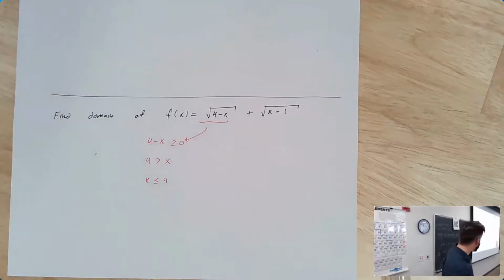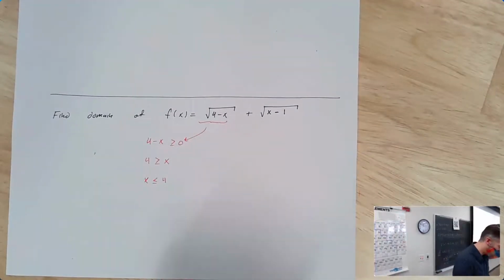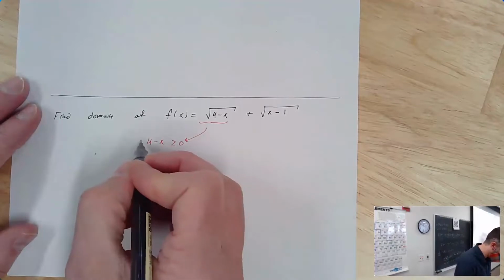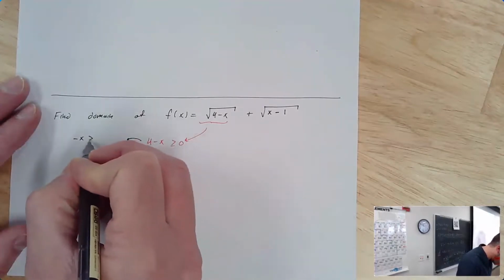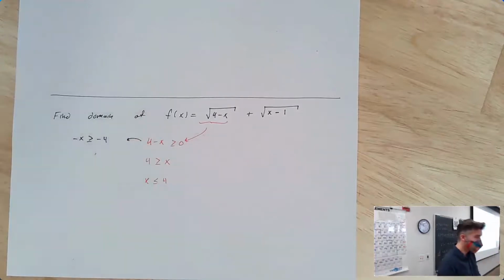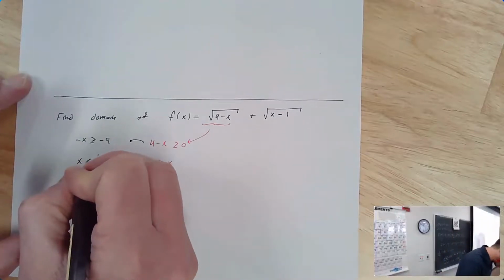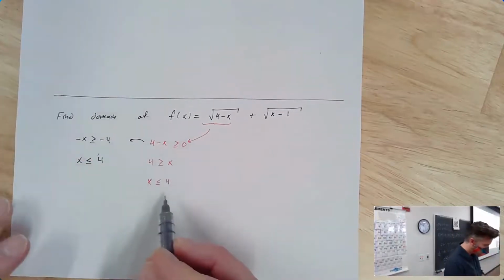Or if you prefer, you can subtract 4 from the other side and have negative x bigger than or equal to -4, and then multiply both sides by -1, which changes the direction of the inequality, and get x less than or equal to 4.